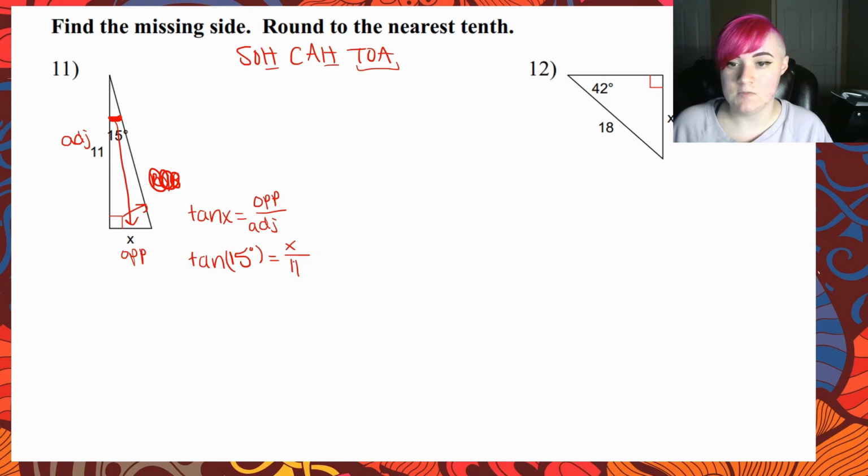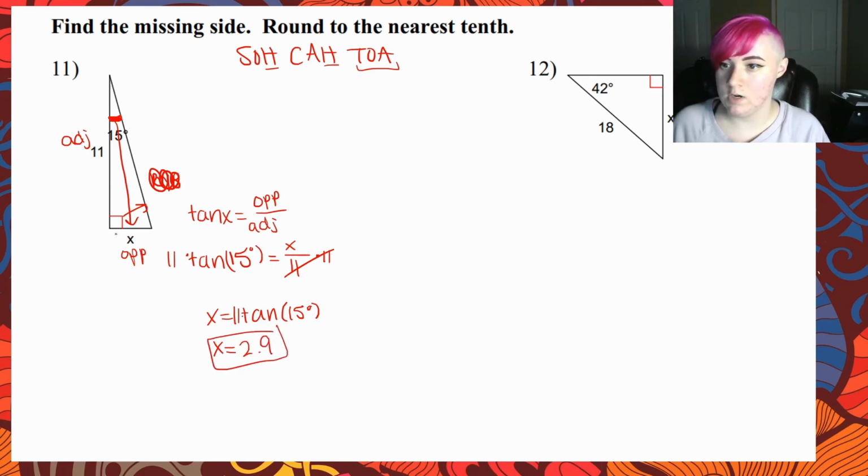Since it's being divided by 11, the inverse of division is multiplication, so we'll multiply by 11 on both sides. Cancel this side out, so it'll give us x is equal to 11 times the tangent of 15. Type that in your calculator, and you're going to get about 2.9. So this little side over here, from there to there, is about 2.9.